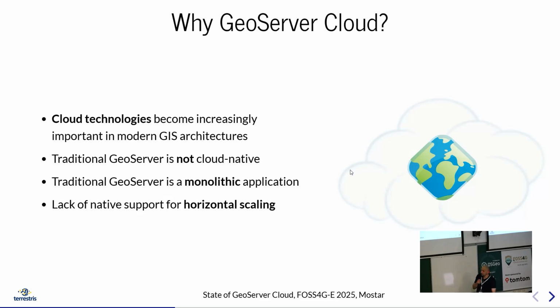When I say horizontal scaling, I mean we want to start multiple instances of GeoServer, where vertical scaling would be raising hardware, memory, CPU. But what we want to do here is scale horizontally.